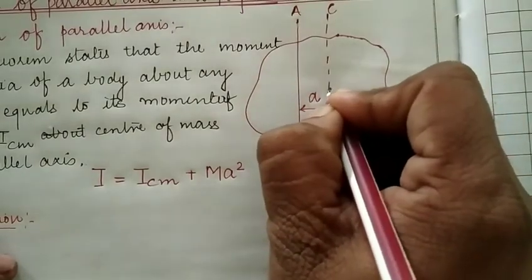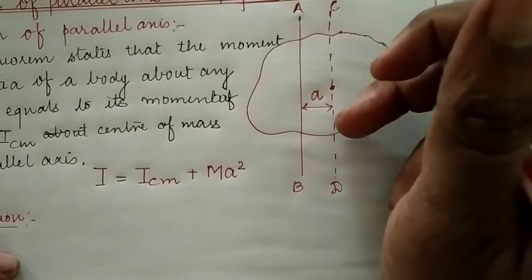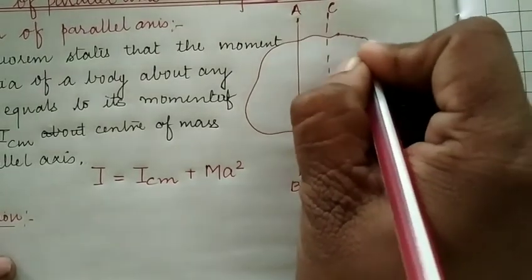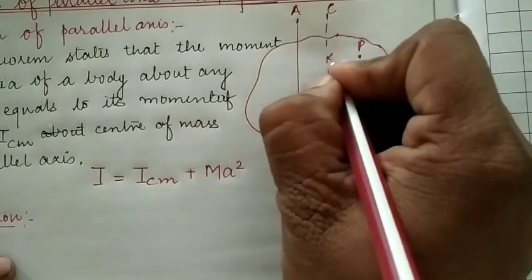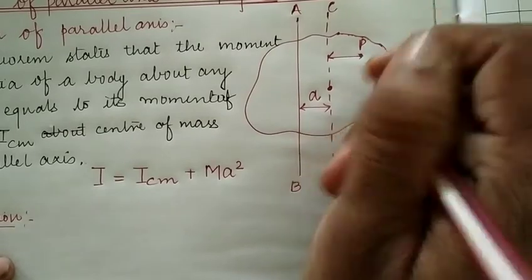And this axis, CD, is passing through the center. Let us suppose that a particle P is at a distance r from the axis of rotation which is passing through the center of mass.